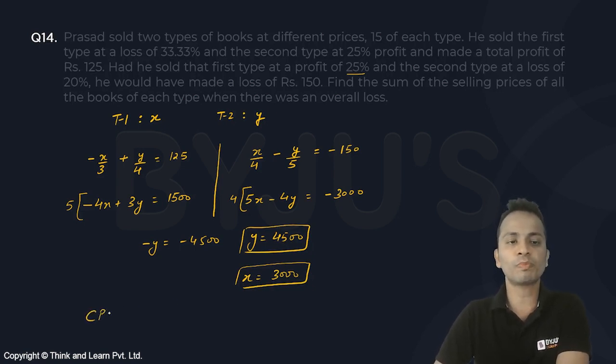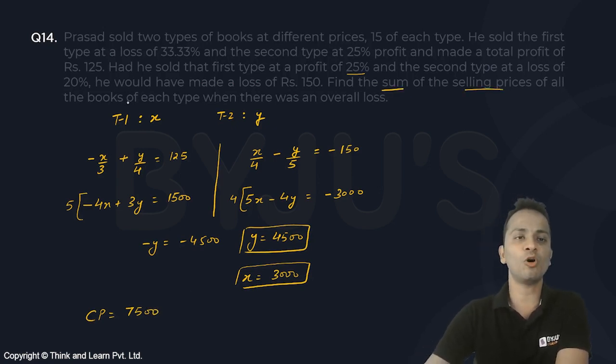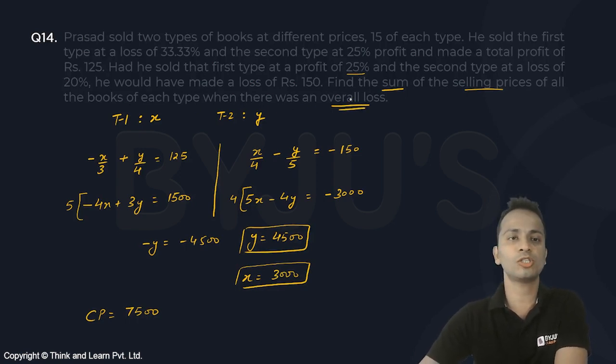So the total cost price of both the types of books will be 3,000 plus 4,500, that is 7,500, right? Now, what do we have to find out? We have to find out the sum of the selling prices of all the books of each type when there was an overall loss. Now, overall loss was in the second case, and the loss was of rupees 150.